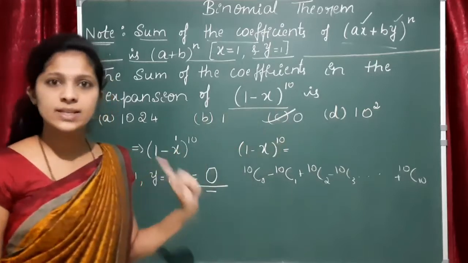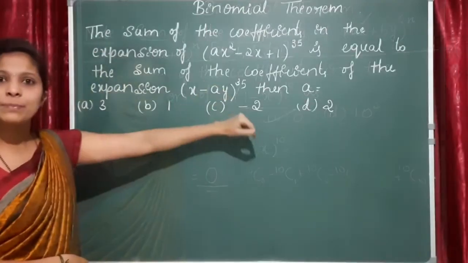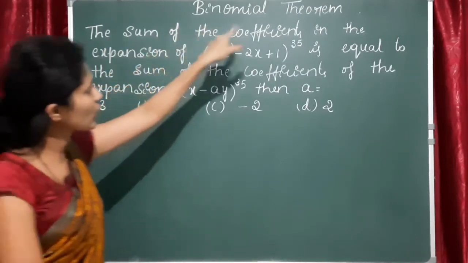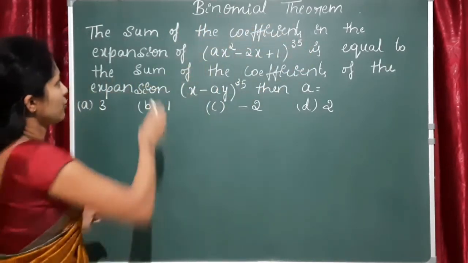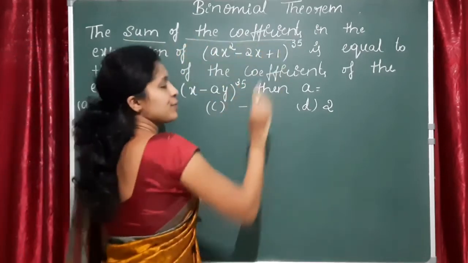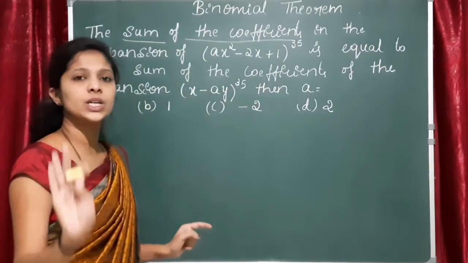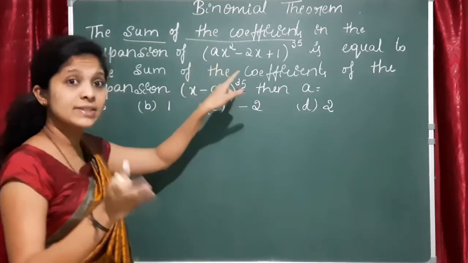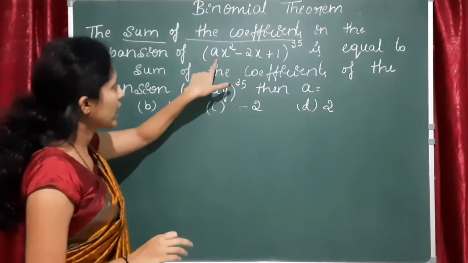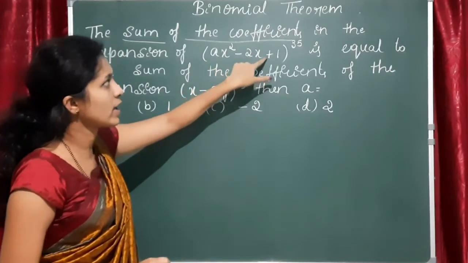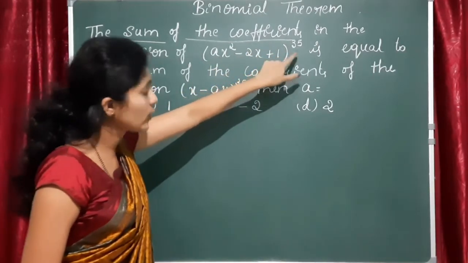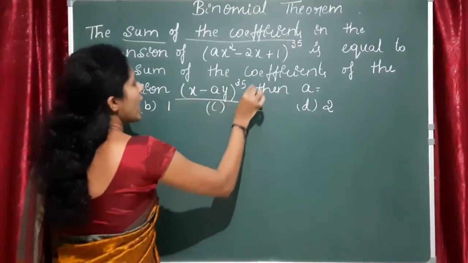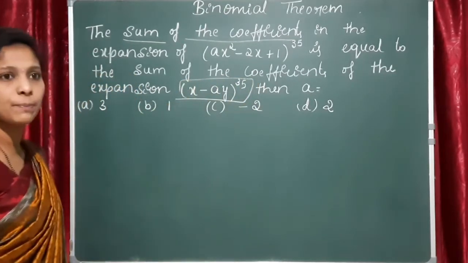That is option C. If you want to verify your answer, a similar type of question appeared in this year's JEE exam. The sum of the coefficients in the expansion of... See, whenever you get the sum of the coefficients, you have to remember one thing. You need to substitute x is 1 and y is 1. Right? So that is a tricky method. Directly you can find. So the sum of the coefficients of the expansion of ax square minus 2x plus 1 whole to the power 35 is equal to the sum of the coefficients of the expansion of x minus ay whole to the power 35.